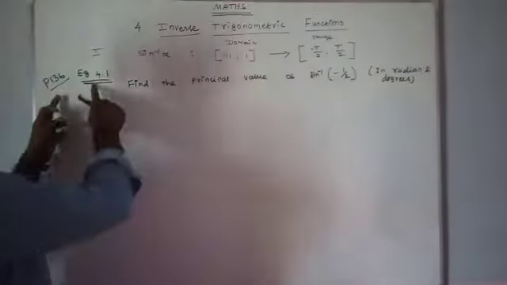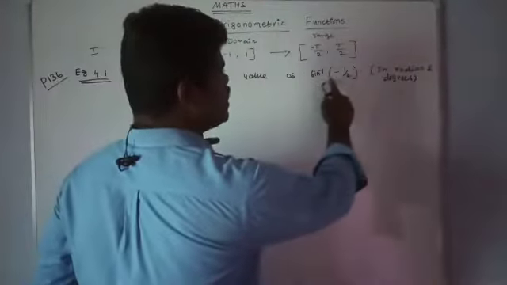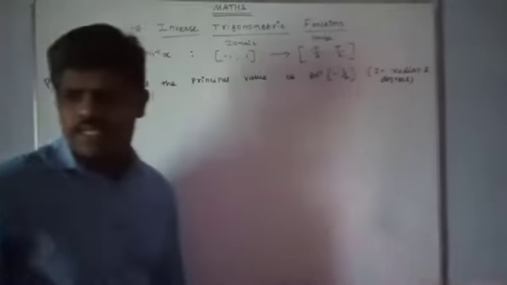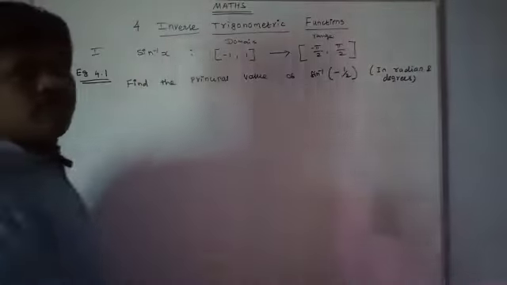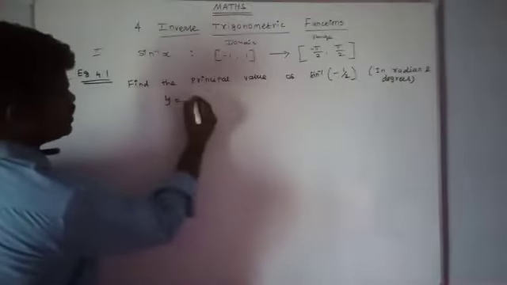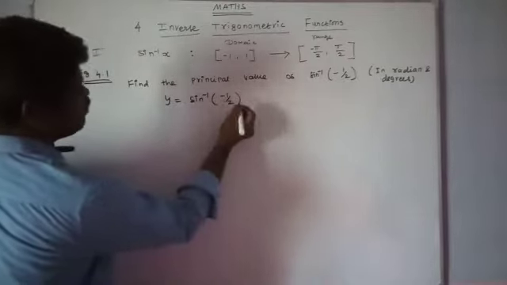Exercise 4.1. Find the principal value of sin inverse of minus 1 by 2 in radians and degrees. The answer must be in radians and degrees. First, let y is equal to sin inverse of minus 1 by 2.